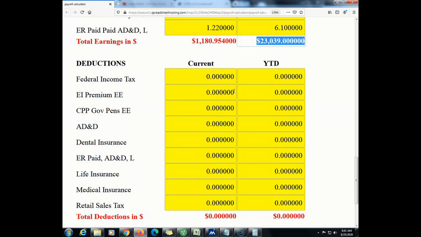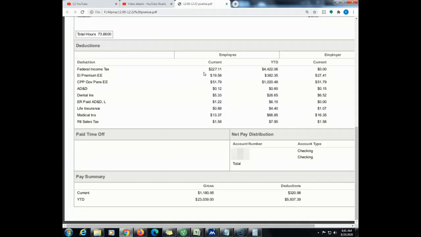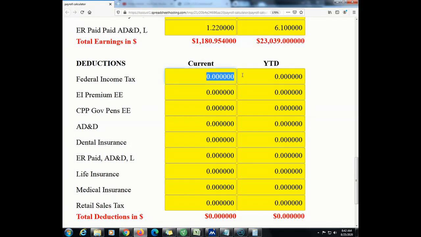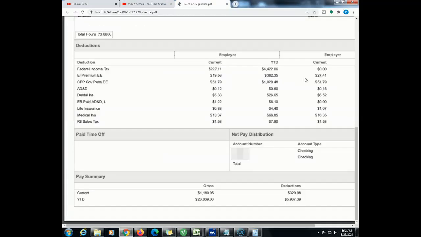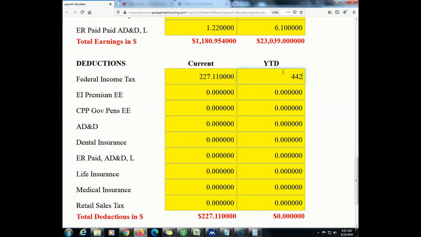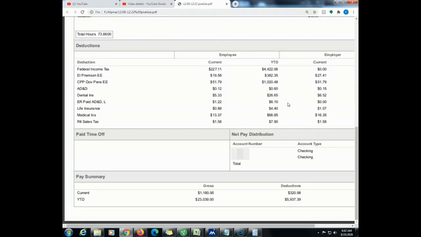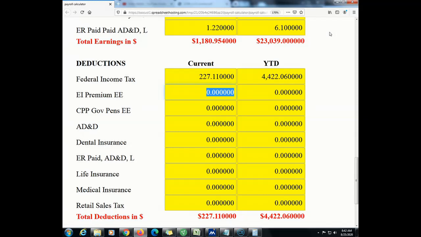Next you have your deductions, starting off with your federal income tax. Your federal income tax deduction on this pay stub is $227.11. The federal income tax deduction carried forward from your last few pay stubs is $4,422.06. EI premiums, let's say $19.58.